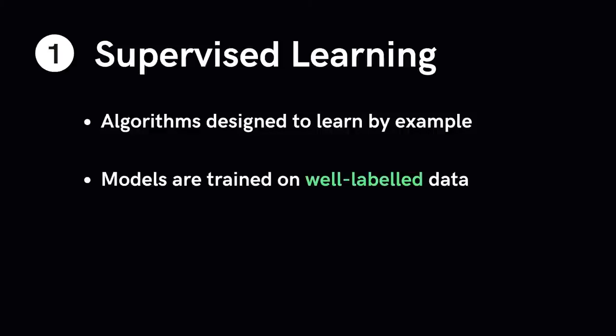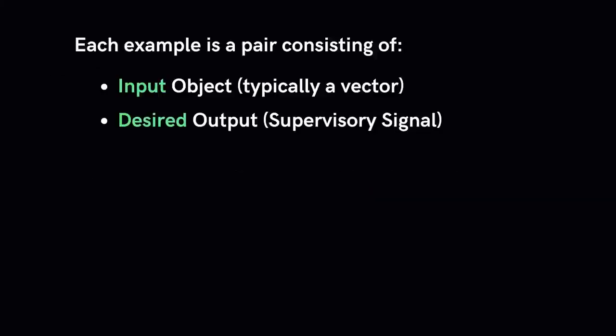Supervised machine learning algorithms are designed to learn by example. The name supervised learning originates from the idea that training this type of algorithm is almost like there's a human supervising the whole process. In supervised learning, we train our models on well-labeled data. Each example is a pair consisting of an input object, which is typically a vector, and a desired output value, also called a supervisory signal.